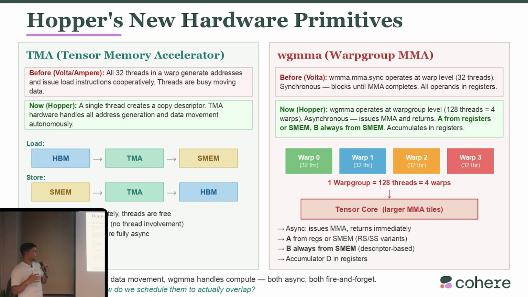And it can even store with this. It stores from shared memory to HBM, and it fires and forgets. And WGMMA is where you have 4 warps running in parallel to execute a bigger tensor core operation, and that also happens asynchronously.